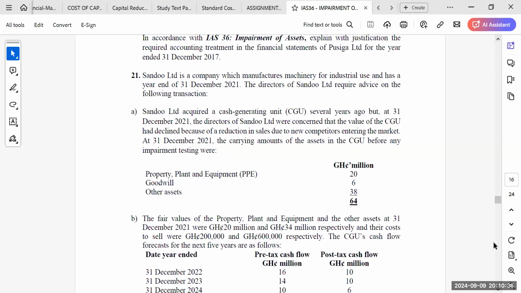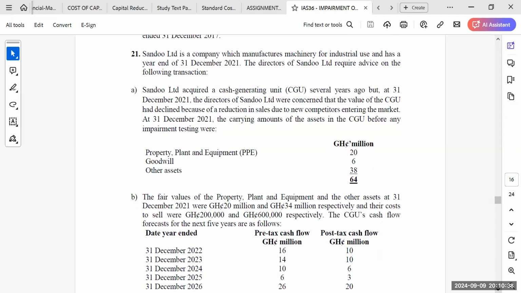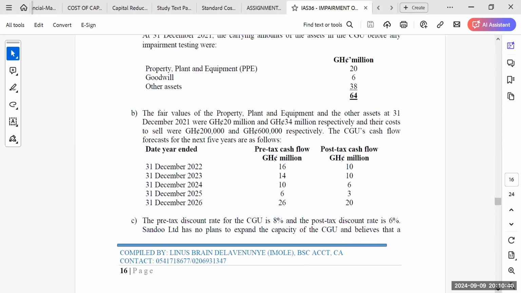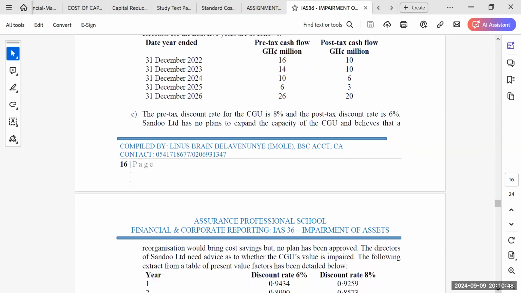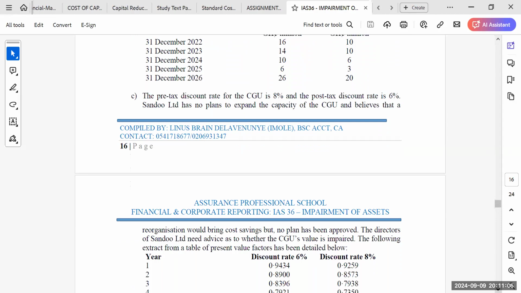The CGU's cash flow forecast for the next 5 years are as follows. C, the pre-tax discount rate for the CGU is 8%, and the post-tax discount rate is 6%. Sandu Limited has no plans to expand the capacity of the CGU and believes that a reorganization would bring cost savings, but no plan has been approved.